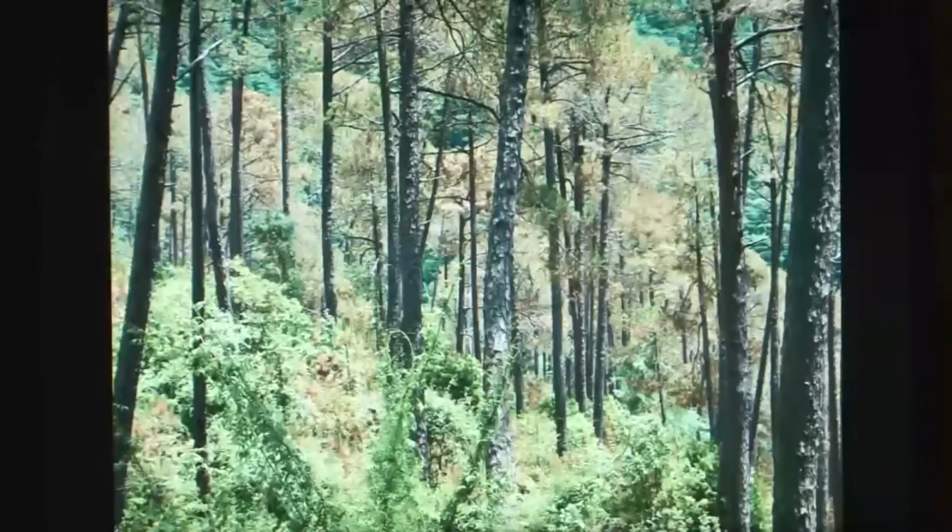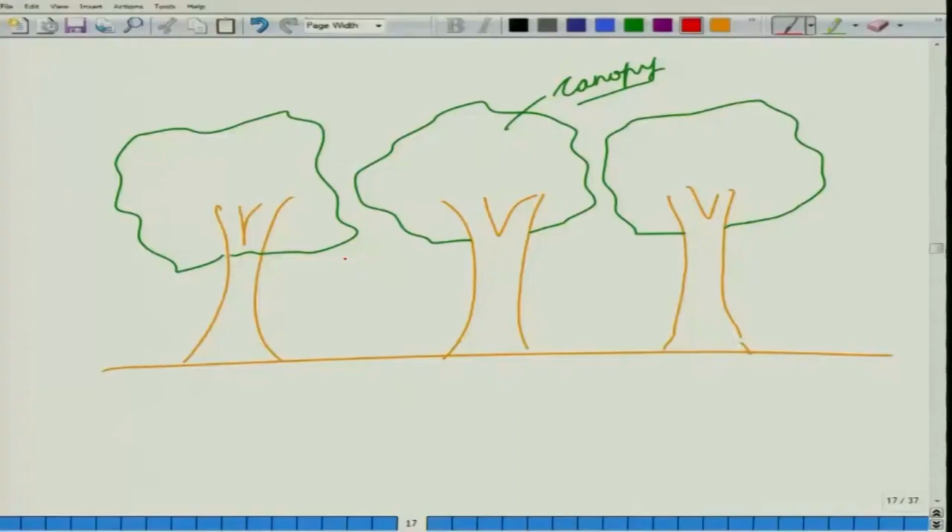Now in the case of this canopy, all these leaves are giving out water through the process of transpiration. In transpiration, water that is getting into the trees from its roots goes to the leaves and is then given out through evaporation. So evaporation through the leaves is known as transpiration.